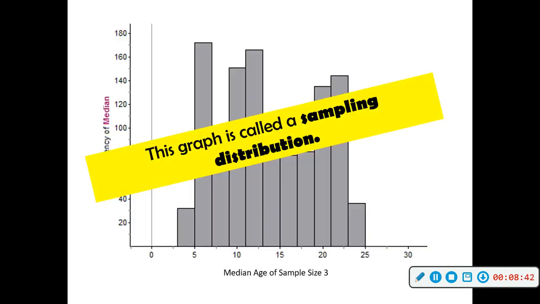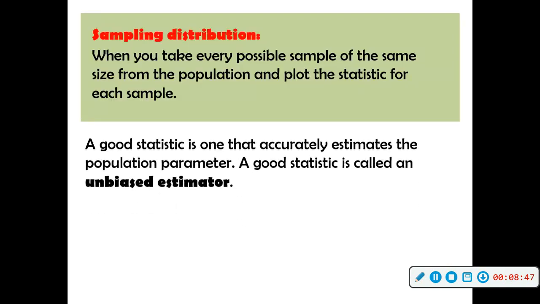Now, from a sampling distribution, we can determine if we have something called an unbiased estimator. Right? And what an unbiased estimator means is that I could use a sample from the population to then estimate what the true parameter is for that population.